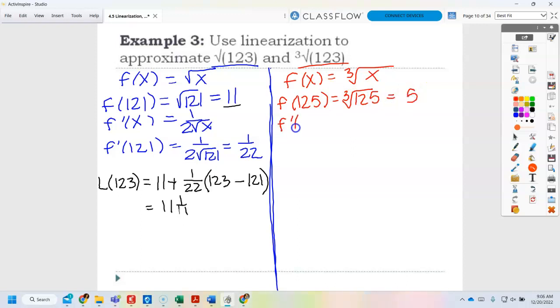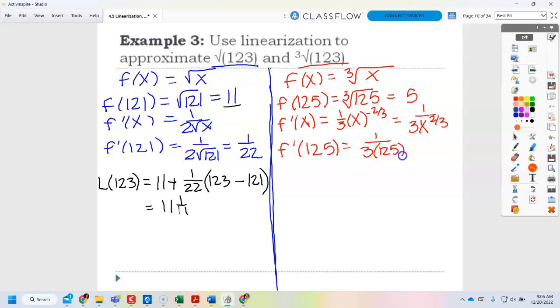So we want to use f of 125. That also means I need f prime of x. So now I have to find the derivative of the cube root of x. So 1/3 x to the negative 2/3 equals 1 over 3 x to the 2/3. And then I need f prime of 125. So 1 over 3 times 125 to the 2/3. Here's the thing, guys.